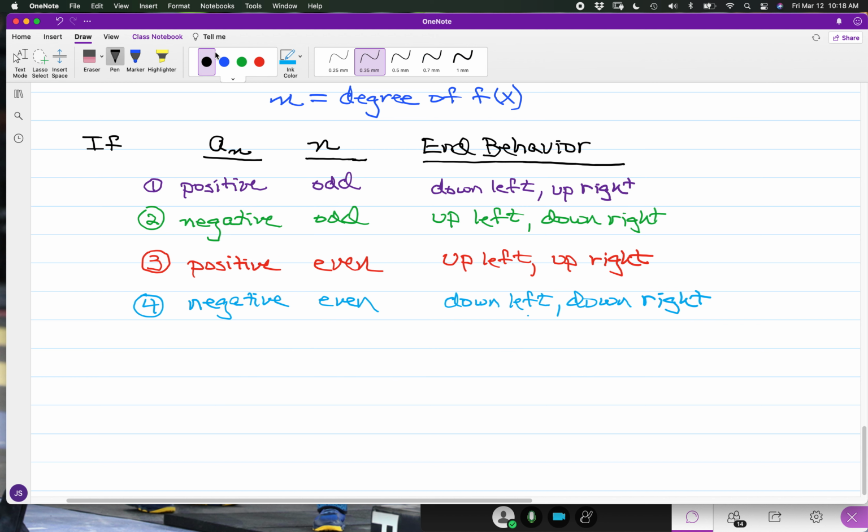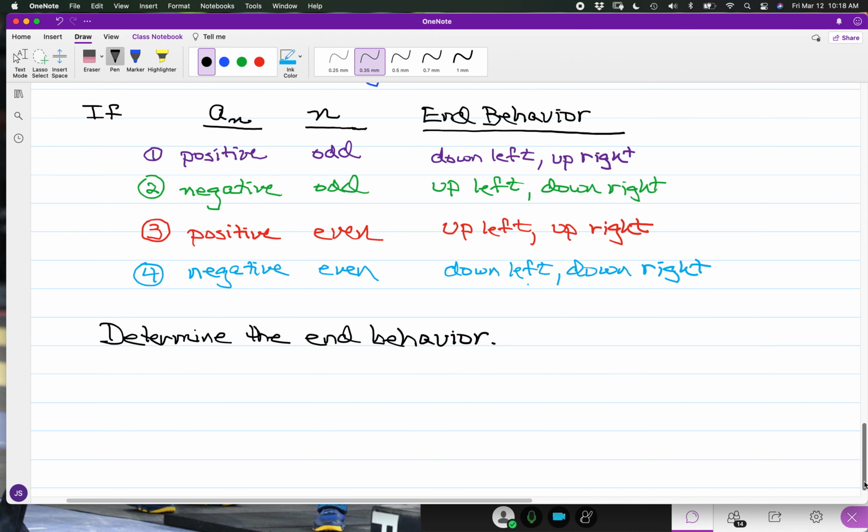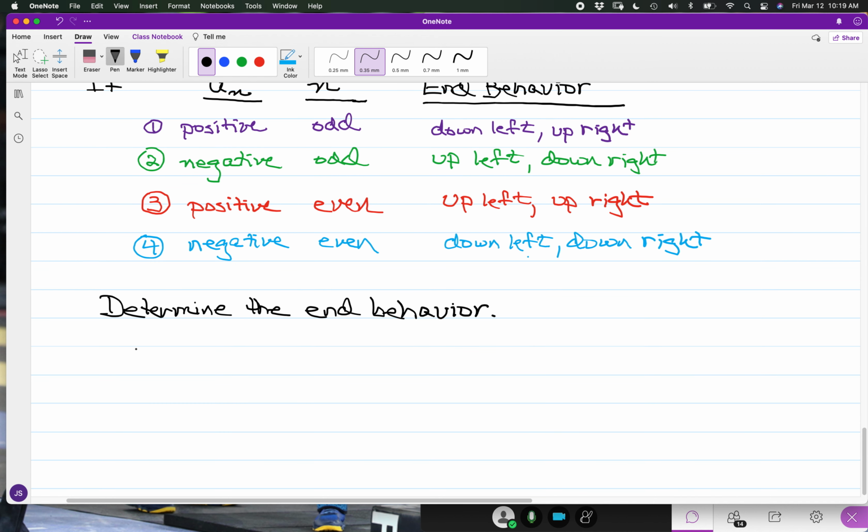And let's say in the case of determining end behavior, we'll say for the first function that we have f of x is equal to 2x cubed plus 1.